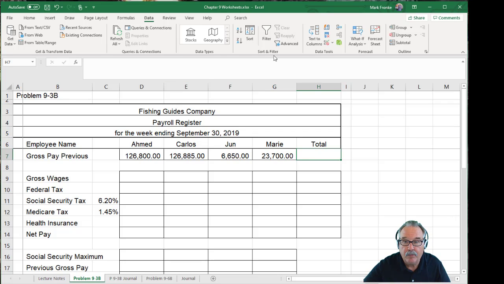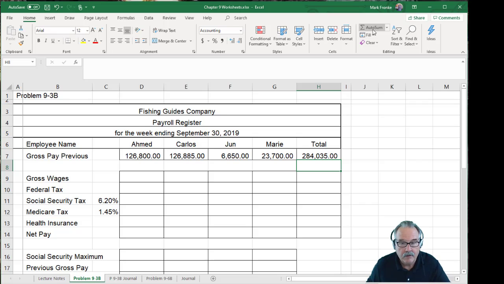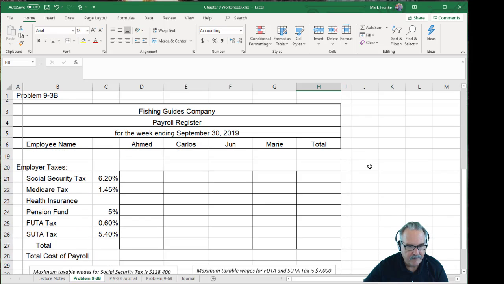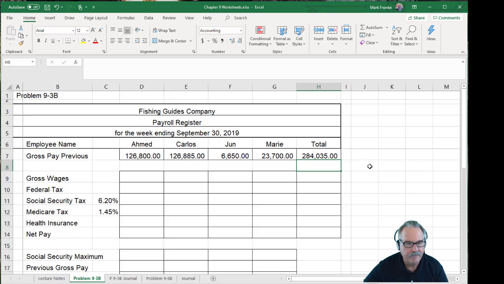And the reason we need that information is because we have a wage base. This is going to apply for Social Security tax. Social Security tax has a wage base that is based on, in this case, they're using $128,400. So you can see that Ahmed and Carlos are getting close to that.